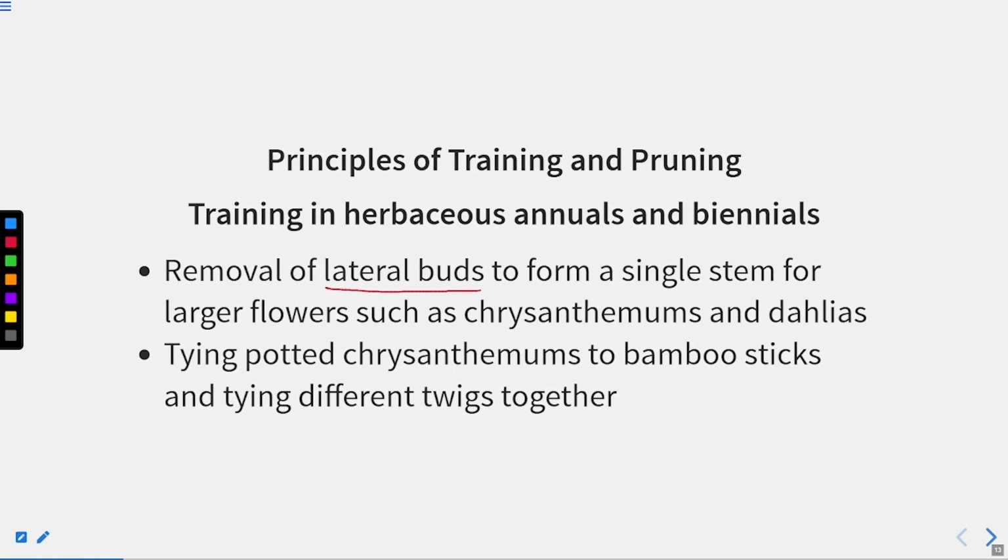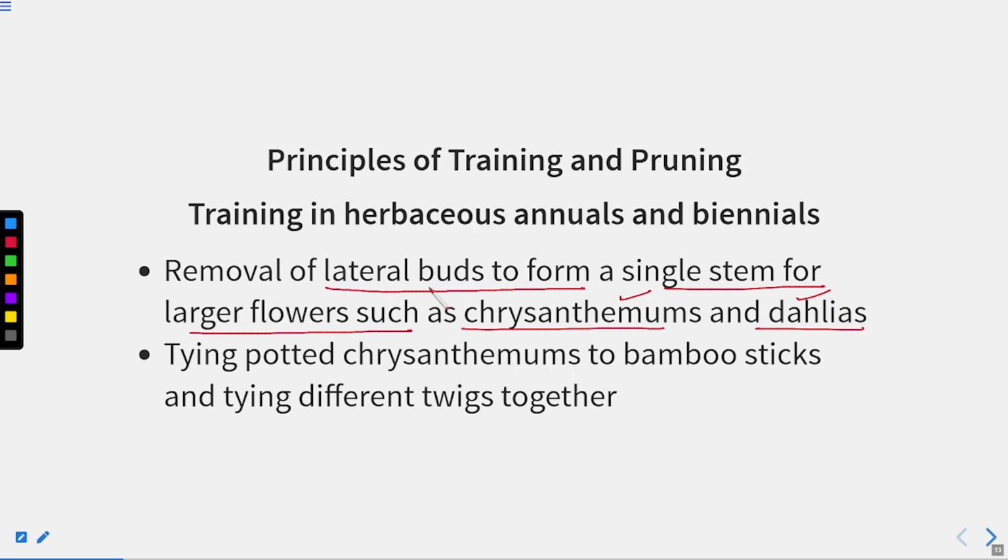Removal of lateral buds to form a single stem for a large flower such as chrysanthemum and dahlias. So generally the chrysanthemum and dahlias bear a big flower in a single pot. So what we do, a large number of flowers the plant cannot bear, right? Because the flowers are quite heavy.